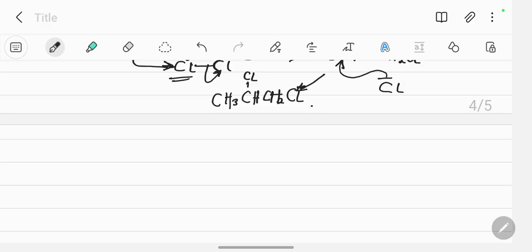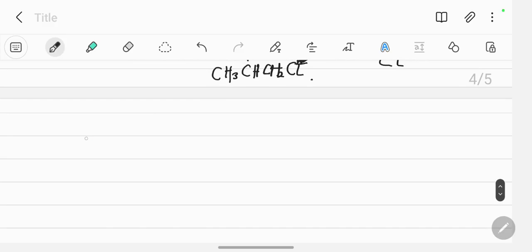I'm going to leave you with this: a double bond there, and the CH3.